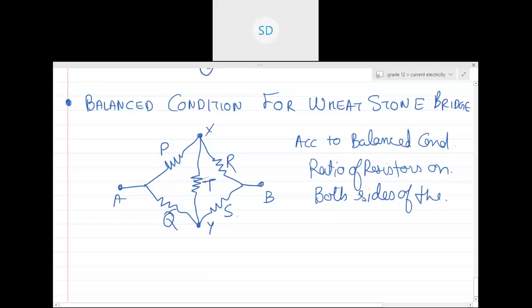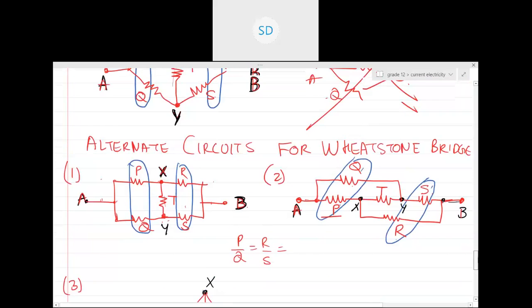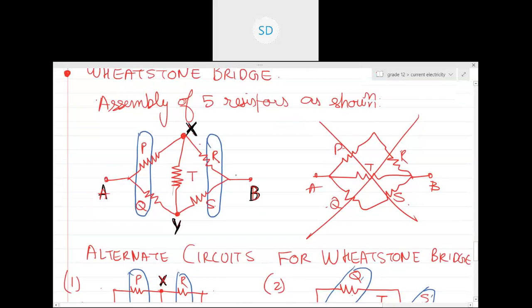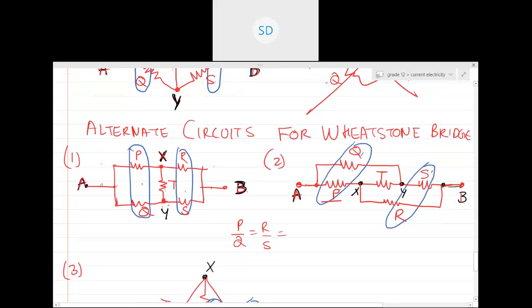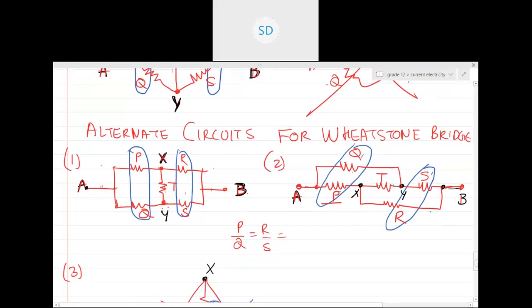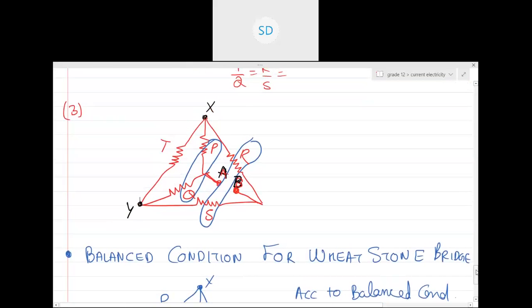It's not actually called a bridge, but I call it that so that it's easier for me to understand: one side of the bridge, the other side of the bridge. Can you see over here? One side of the bridge, another side of the bridge. It doesn't happen in this case. Both are on the same side, but can you see? I can hold this A and rotate this, keeping XY as the axis of rotation.